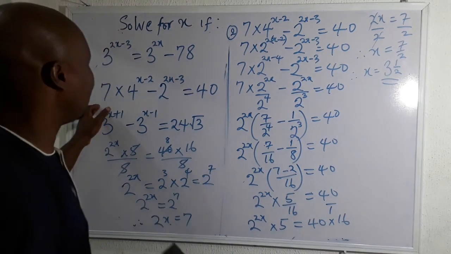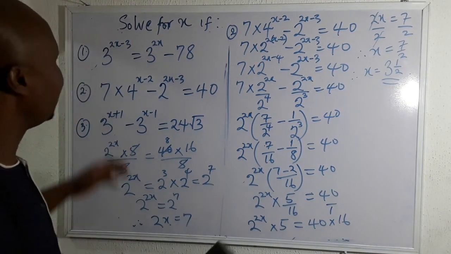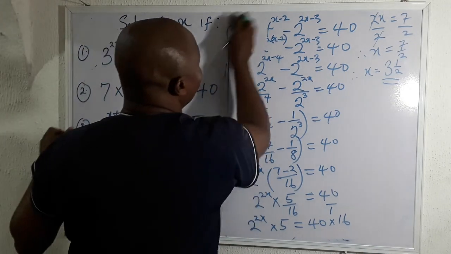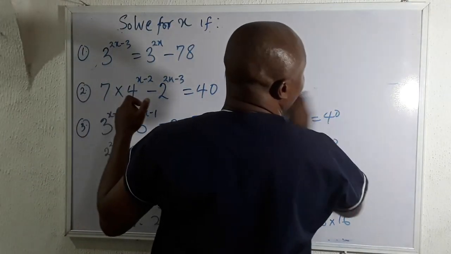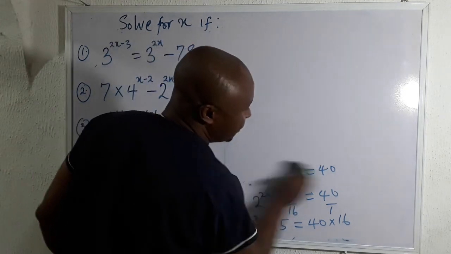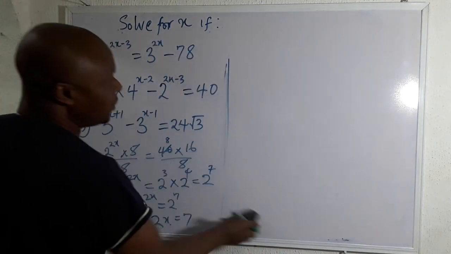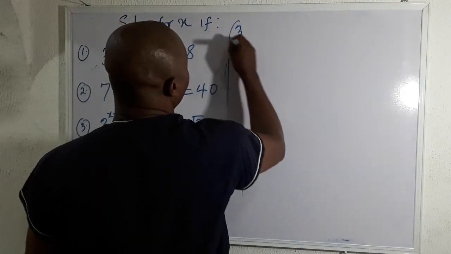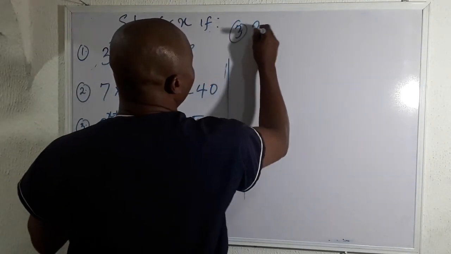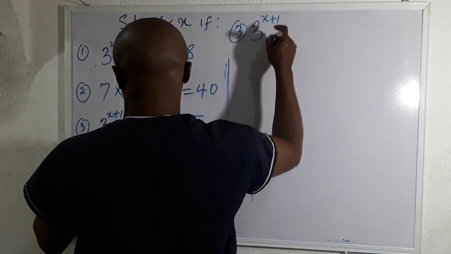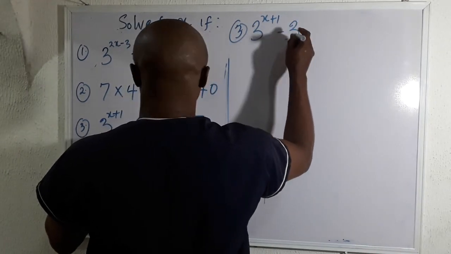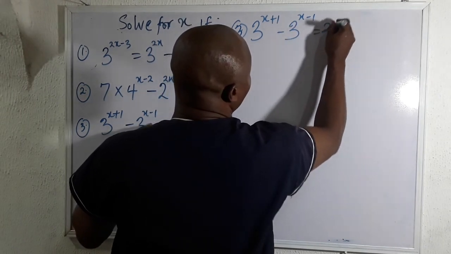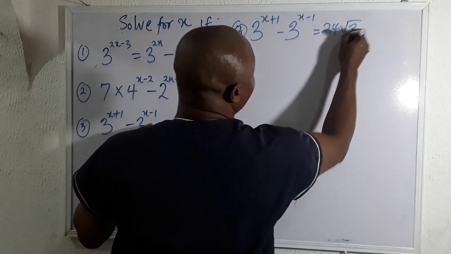So that's question number 2. Let us quickly look at question number 3. For question number 3, we also apply a similar technique. Question number 3 is 3 raised to power x plus 1 minus 3 raised to power x minus 1 is equal to 24 root 3.